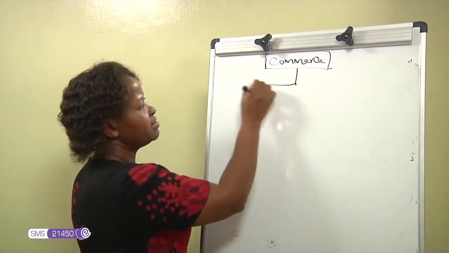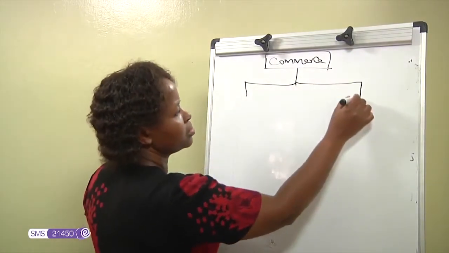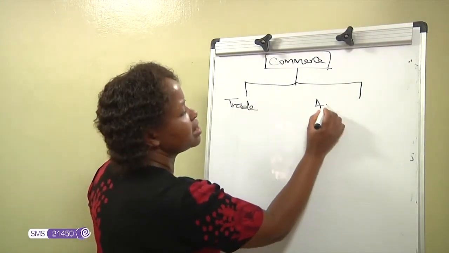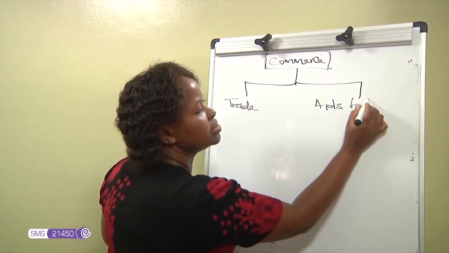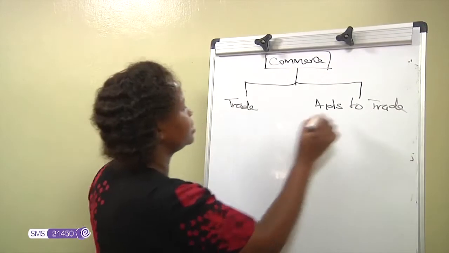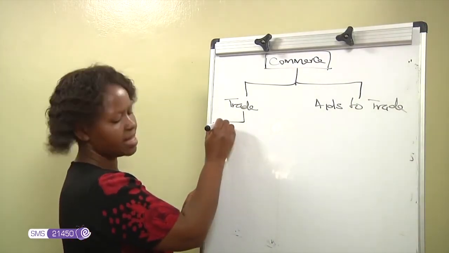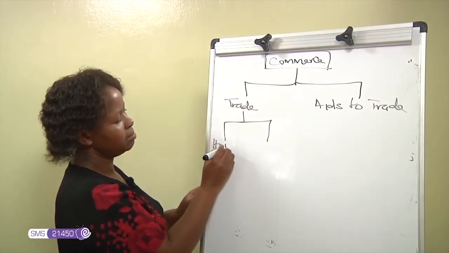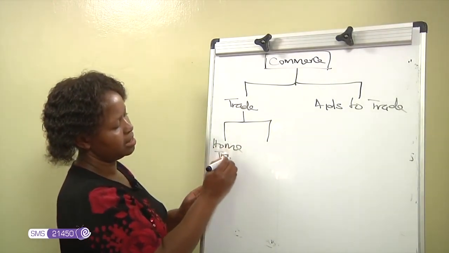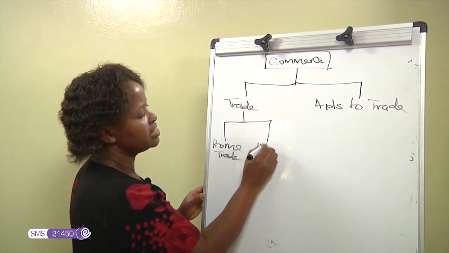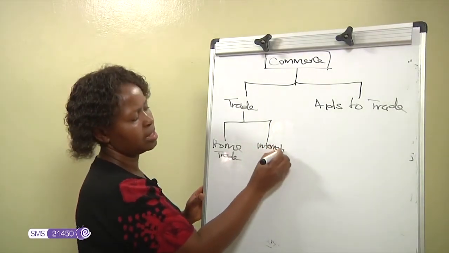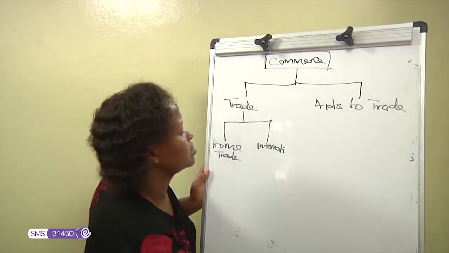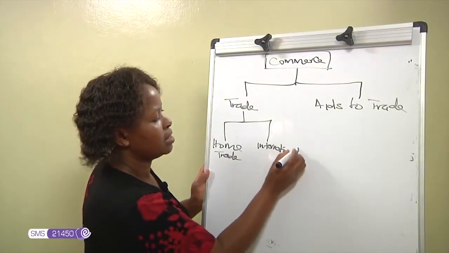We have said it's divided into 2: trade and aids to trade. Trade is further divided into 2: home trade and international trade.